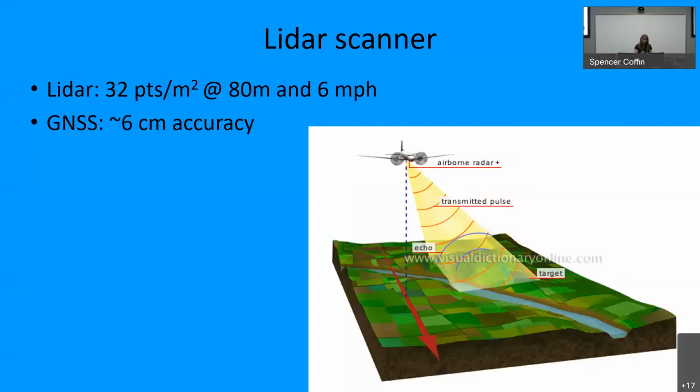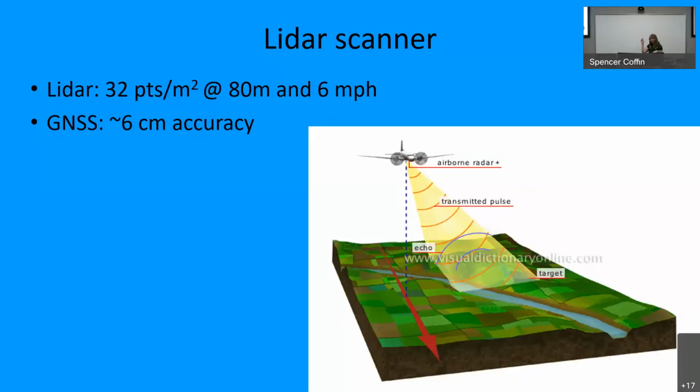The second sensor on this platform, of course, is the Velodyne LiDAR scanner that gives us about 32 points per square meter if I'm flying at about 6 miles per hour.